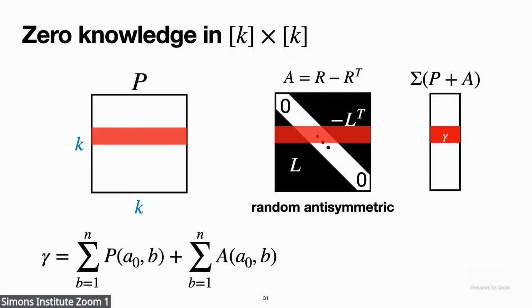What that looks like is a sum over p and a sum over a of the same row. If this is the first query I've made, then this is just going to be uniformly random over the field, because this black stuff is all random field elements.